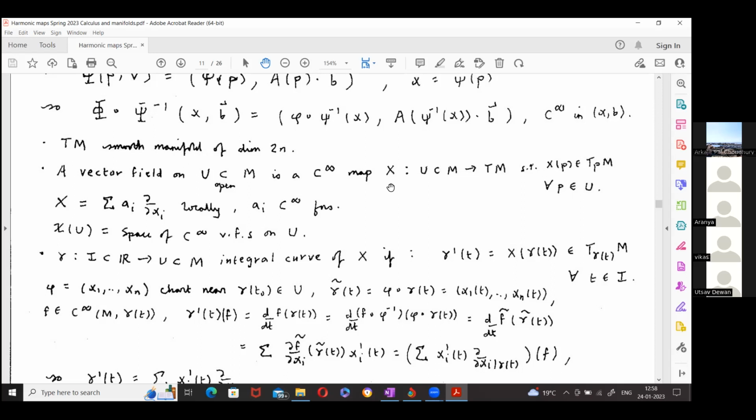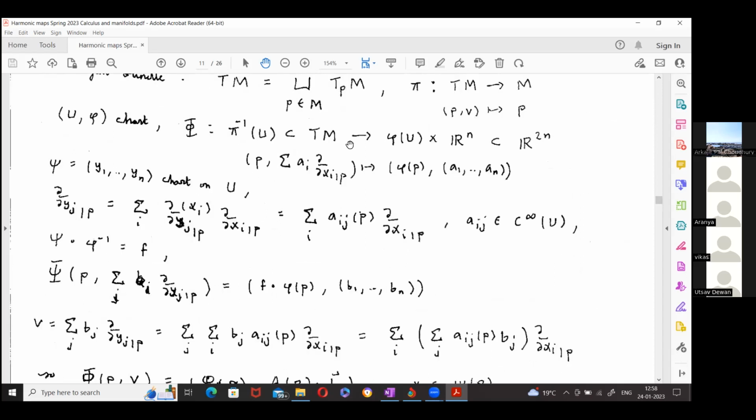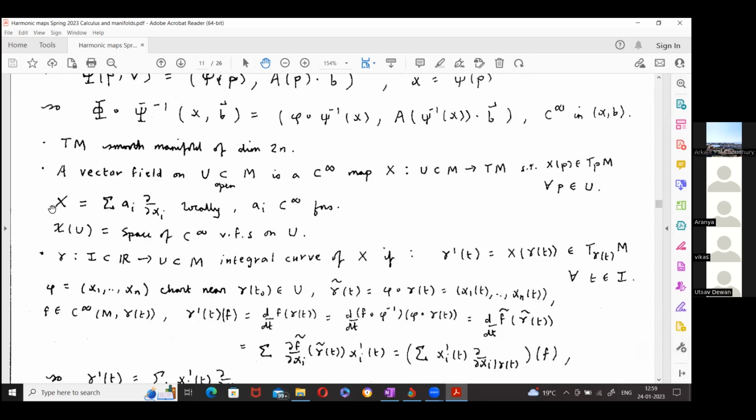X being smooth just means that in the charts, X should be a smooth map with respect to these charts on TM. Smooth means basically that the coefficients of del del xi, the AIs, should be smooth functions of P. The vector field X I can write at each point as a linear combination of the basis vectors del del xi on a chart.